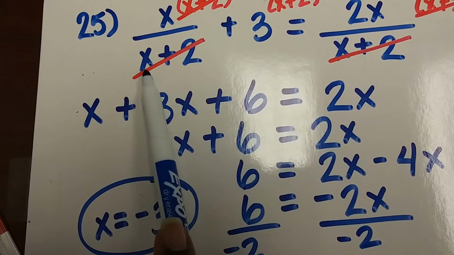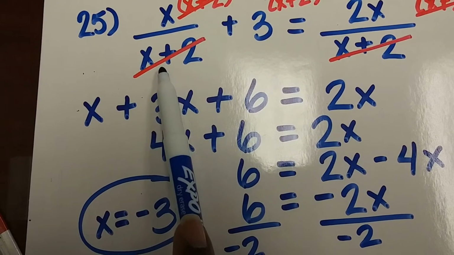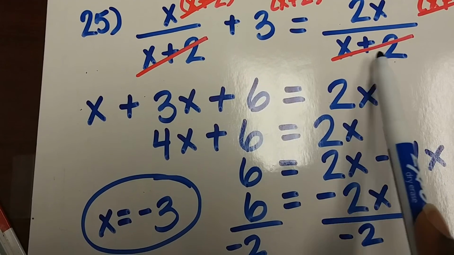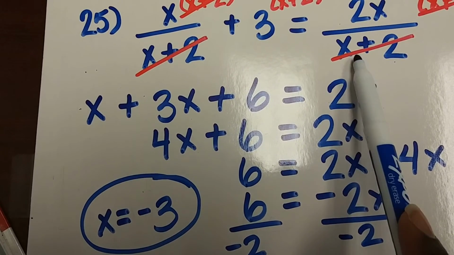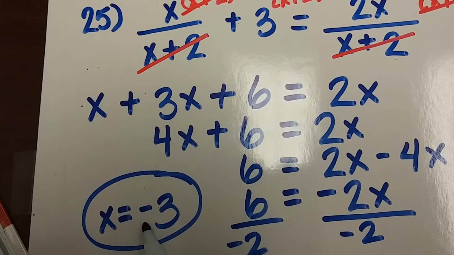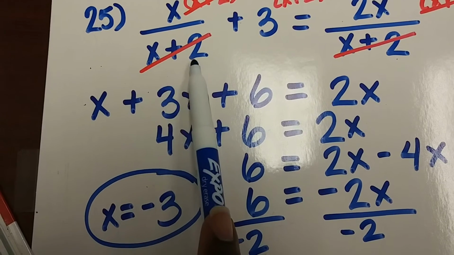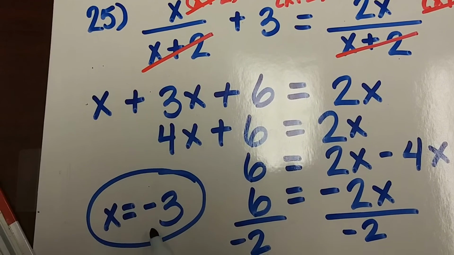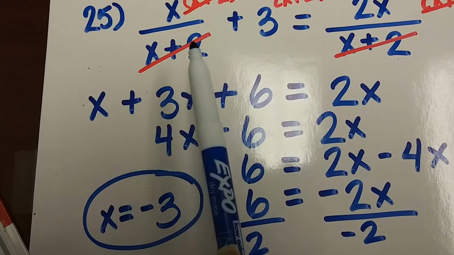Well, 2 minus 3 is negative 1, not 0. 2 minus negative 3 is negative 1, not 0. So if I check my denominators, negative 3 is okay. My denominator can't be negative 2 because 2 minus 2 is 0. But that wasn't an answer, so this answer will check out okay.